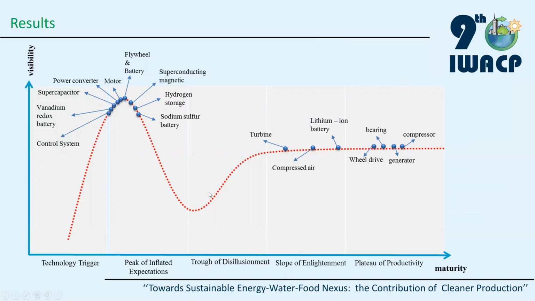However, with the current development of technologies like sodium sulfur battery and hydrogen storage, the expectation would shift to the disillusionment stage. In contrast, the lithium-ion battery and storage sub-technologies like turbine are in the R&D and market acceptance stage, as you can see here.